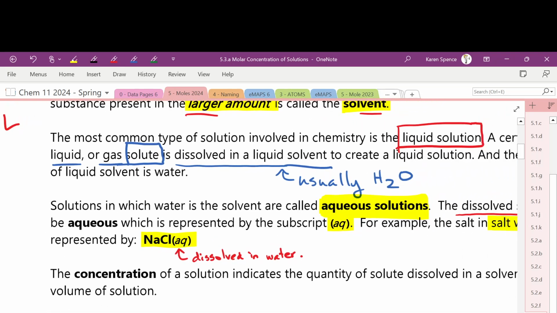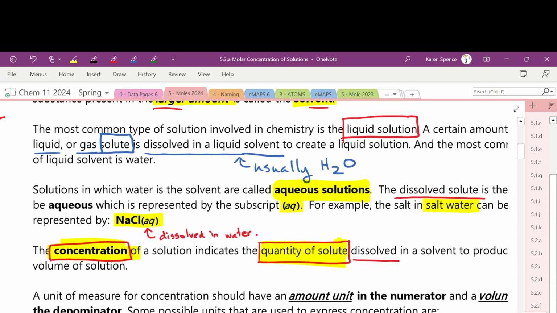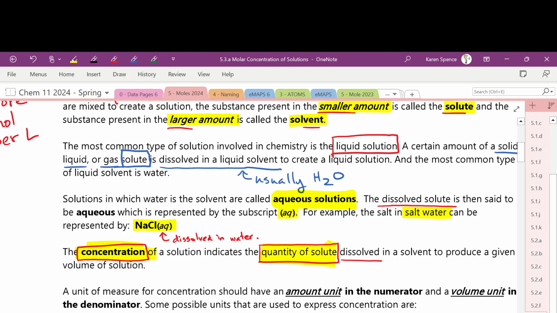Now, just like we were saying at the top of the page, the concentration is the quantity of solute dissolved in a solvent to produce a given volume of solution.